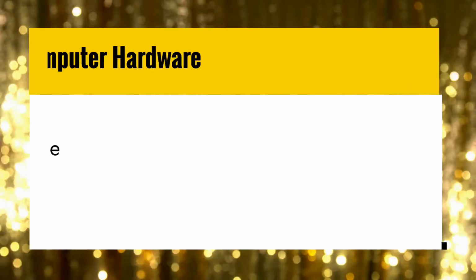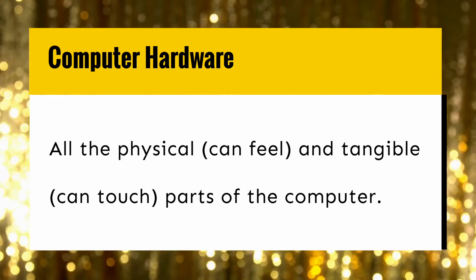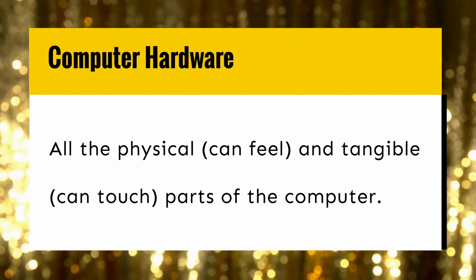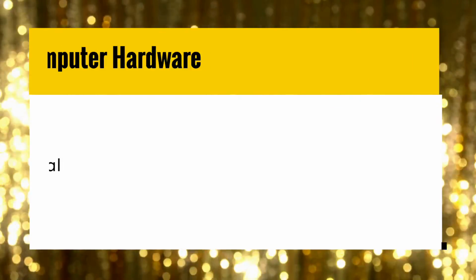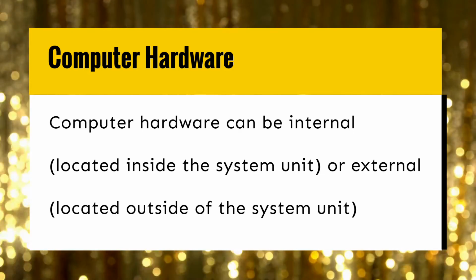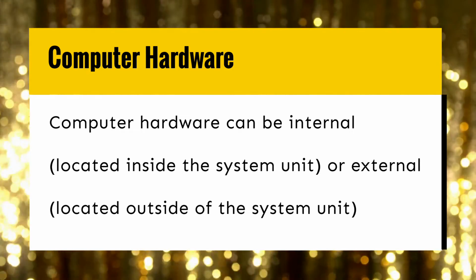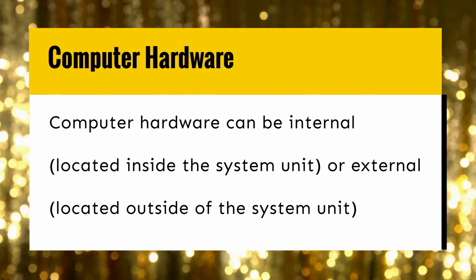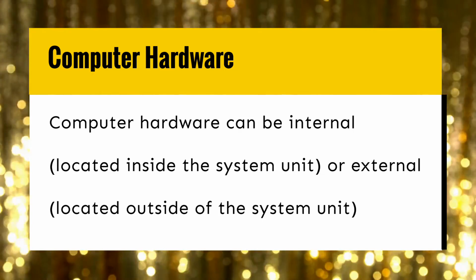All the physical and tangible parts of the computer are known as computer hardware. Computer hardware can be internal, that means located inside the system unit, or external. External means located outside of the system unit.